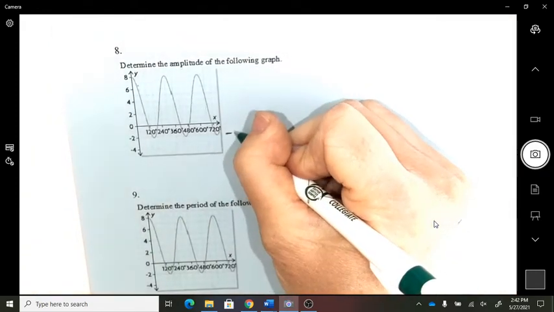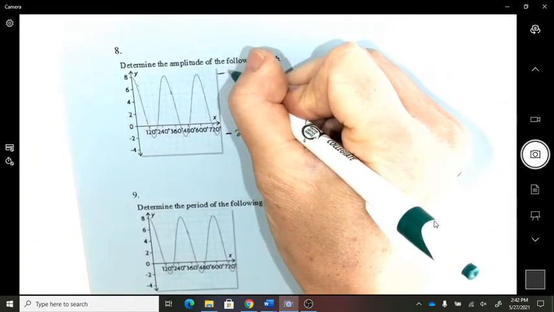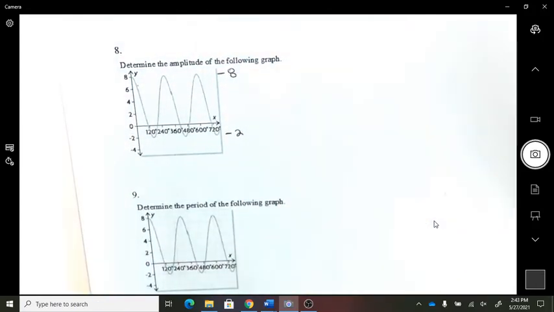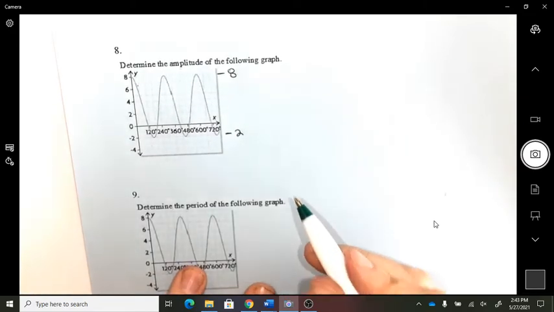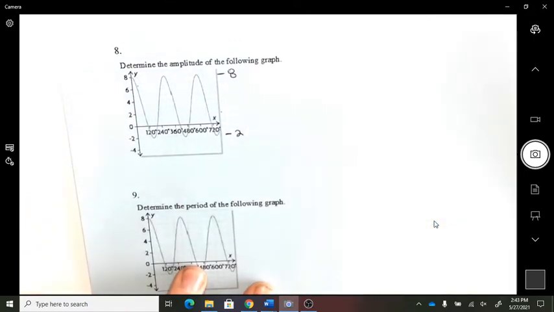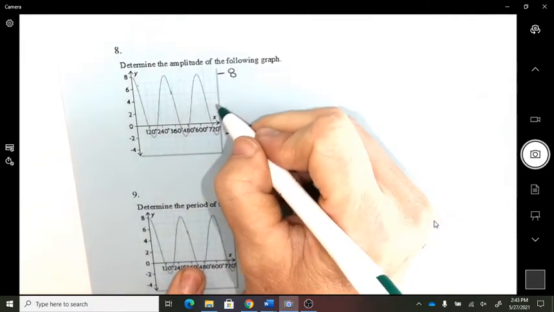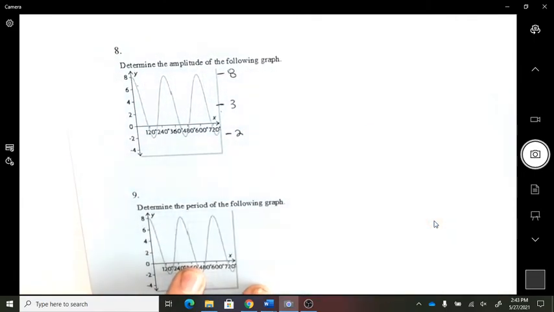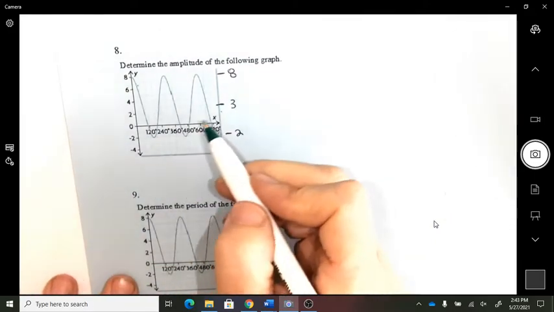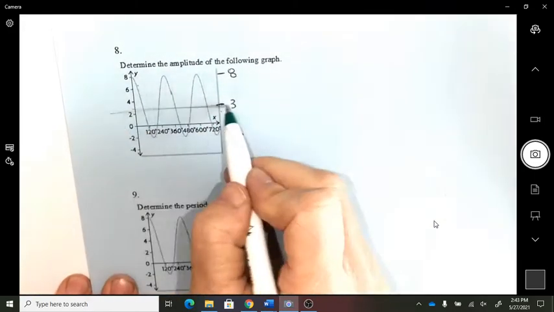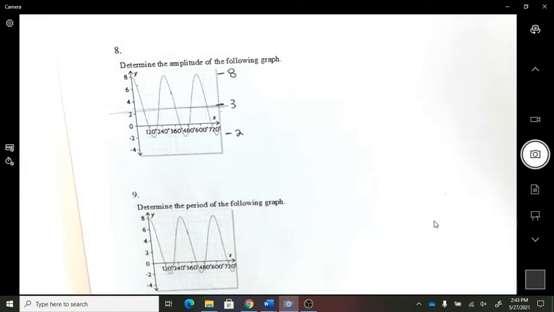Okay, so here, -2, 8, those are the low and the high. What is on the mid? 3, I think, right? Does that look right? So what does an amplitude mean to you?